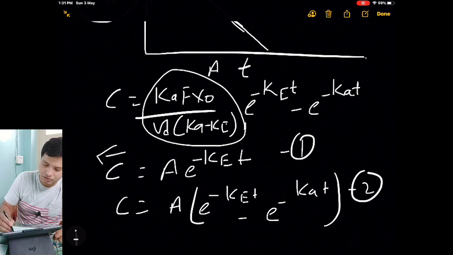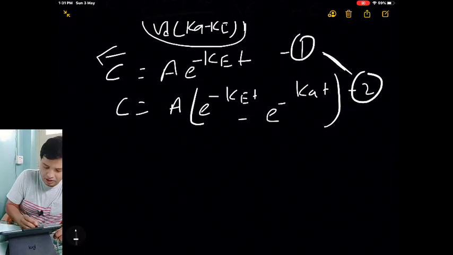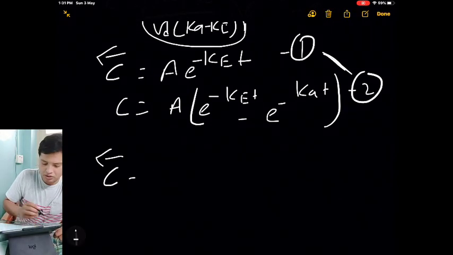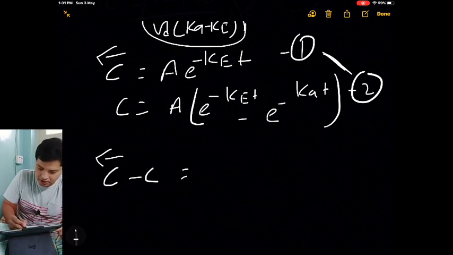So you need to subtract this 2. What happens? Extrapolated concentration minus true concentration is equal to, what is the extrapolated?